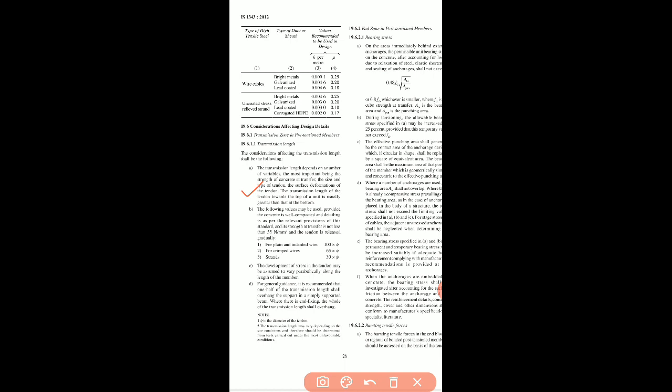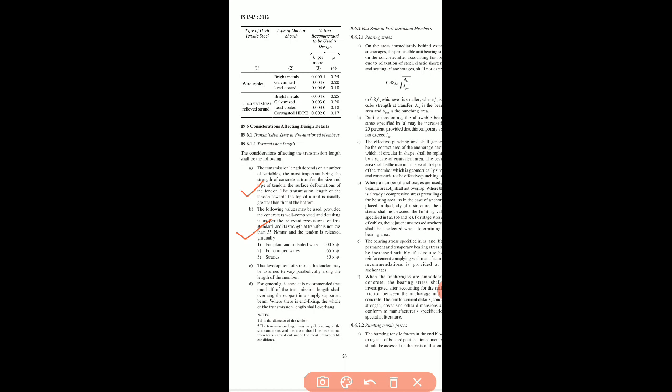The transmission length of the tendon towards the top of the unit is usually greater than at the bottom. The following values may be used provided the concrete is well compacted, detailing is as per relevant provisions in the standard, the strength at transfer is not less than 35 Newton per mm square, and the tendon is released gradually. What I have told is covered in these two points.